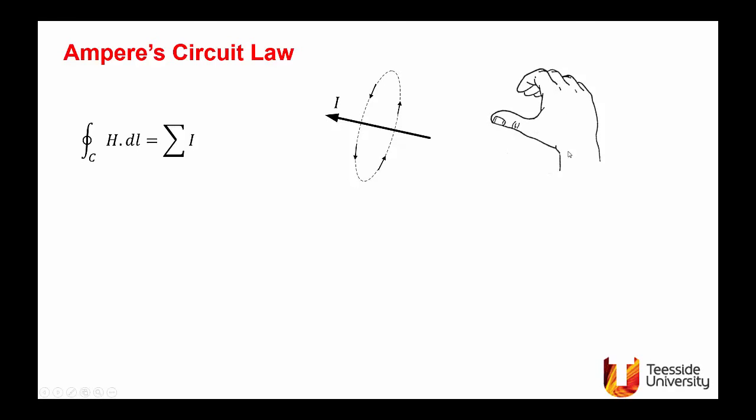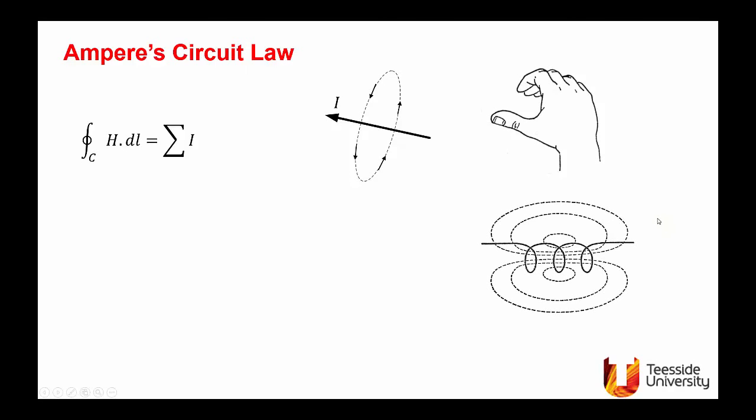If the current is in circles, then the magnetic field will be in the direction of the thumb. For example, if the current is going like this, the field will be like this. So you can see if you apply the right-hand rule, it will give you the flux lines.